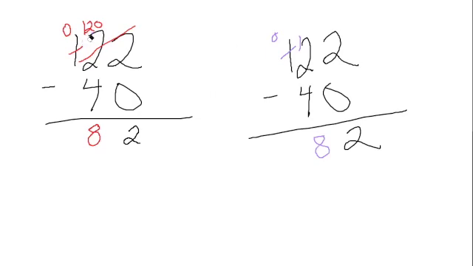Both ways are correct ways to write it. Both ways show your thinking. Oops, forgot to go back. And both ways show that you know that you have to take away from the 100.